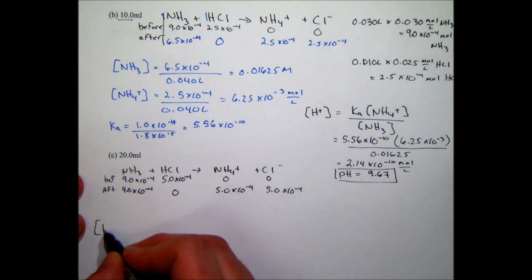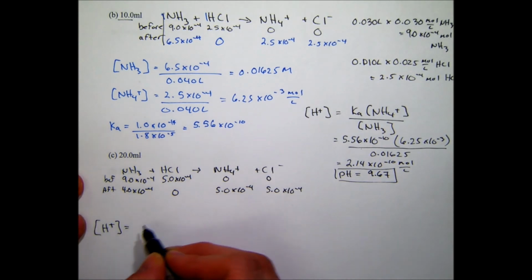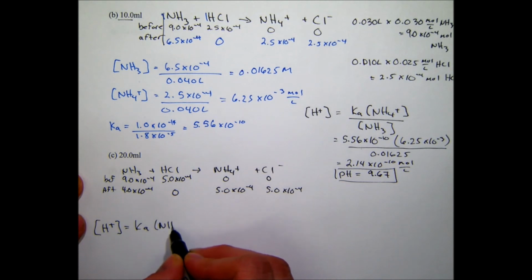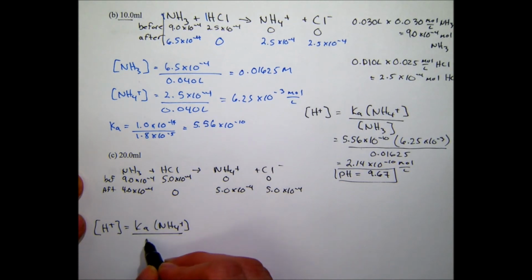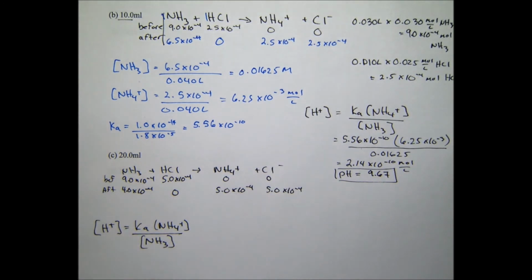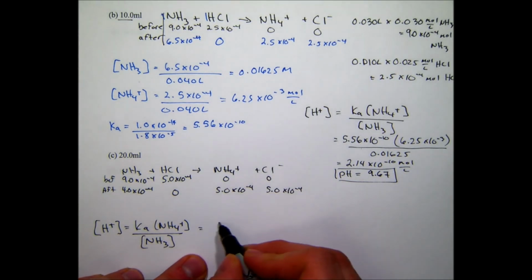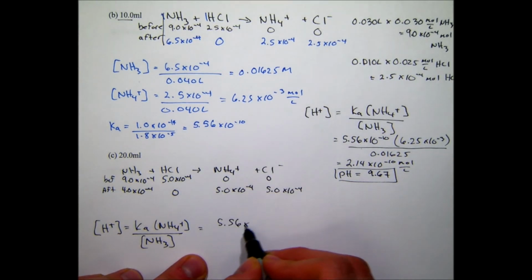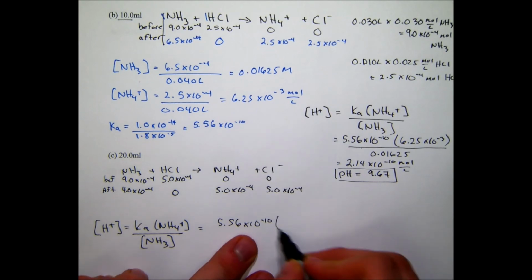We're now just going to streamline: H plus is equal to Ka times NH4 plus over NH3, is equal to 5.56 times 10 to the negative 10.